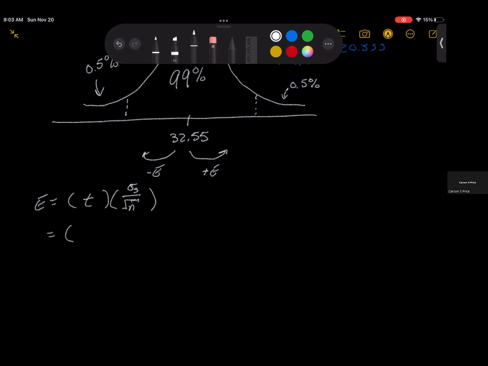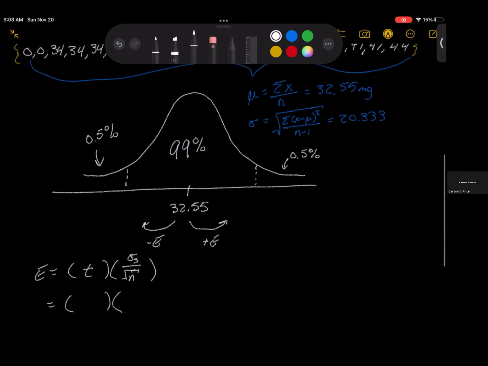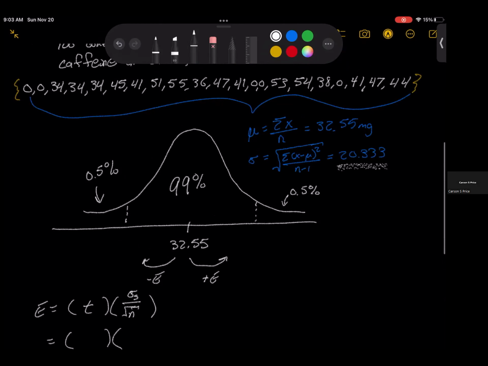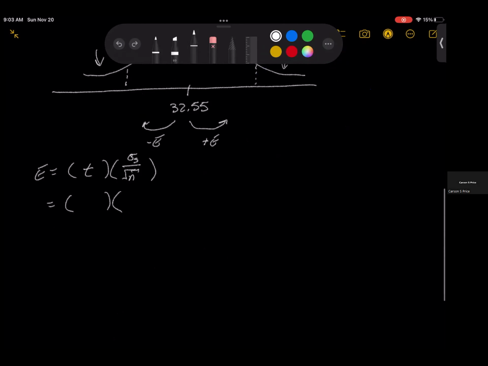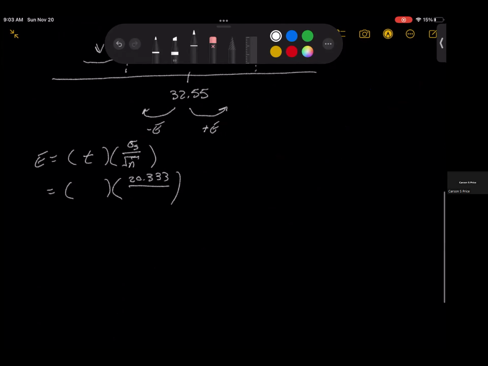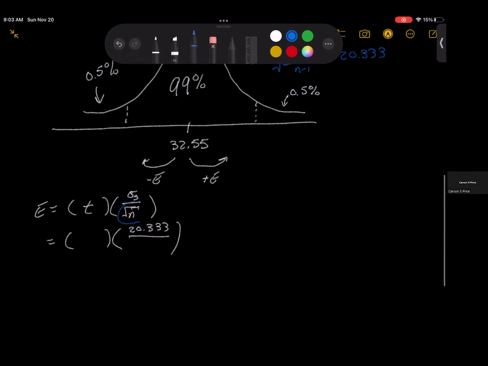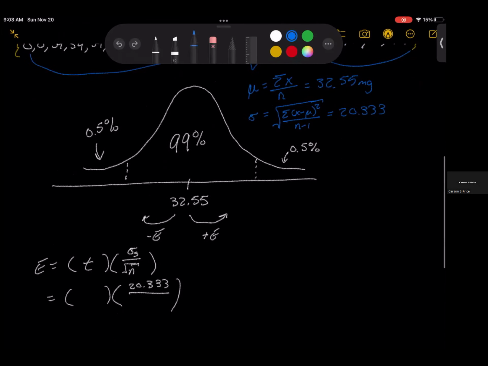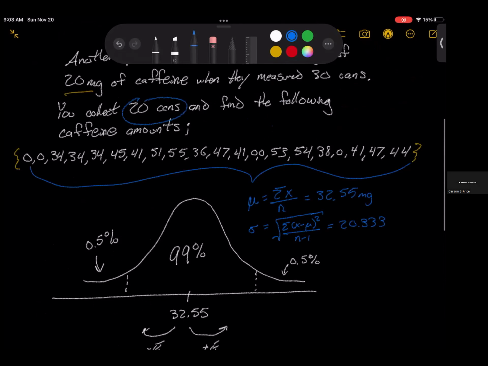All right, so let's get our critical value from the table later. The standard deviation from my sample was 20.333, so I've got 20.333 in that numerator. And for the square root of n, I measured 20 cans of caffeine. There's 20 numbers right here.